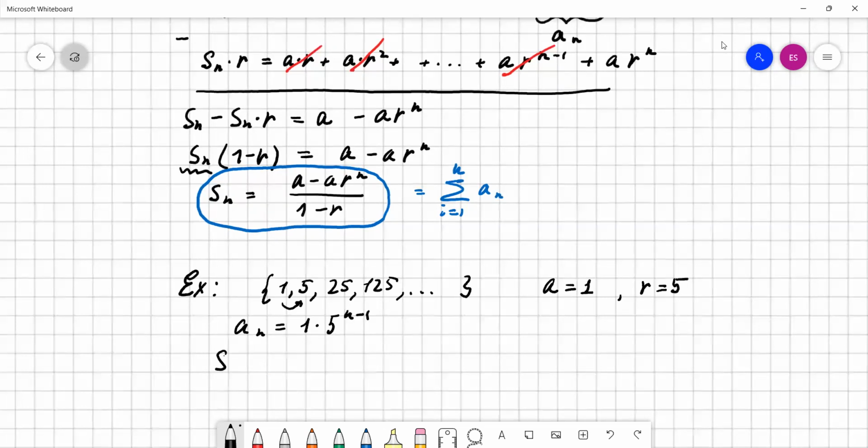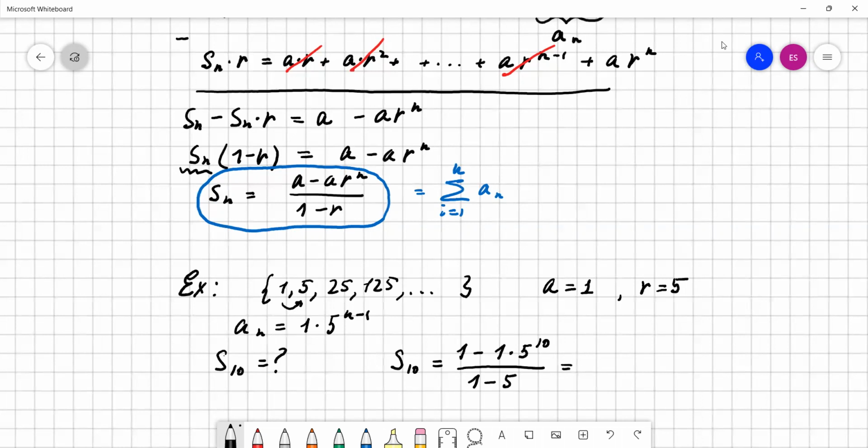Imagine somebody is asking to find the sum of 10 terms. According to my formula, the sum of 10 terms is the first element, 1, minus the first element times the ratio to the power of 10, because that's n over here, right? And 1 minus ratio is 1 minus 5. I'm just plugging all these numbers into my formula, very easy.